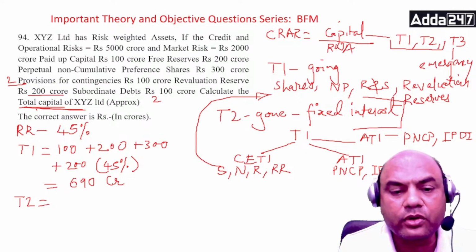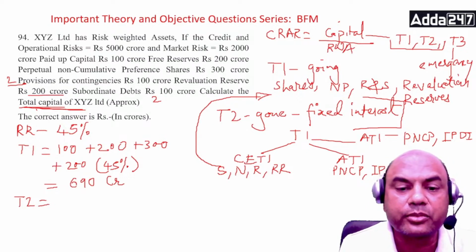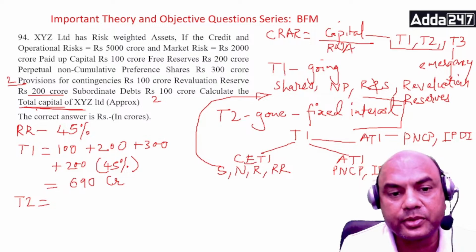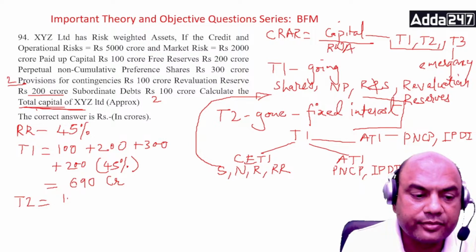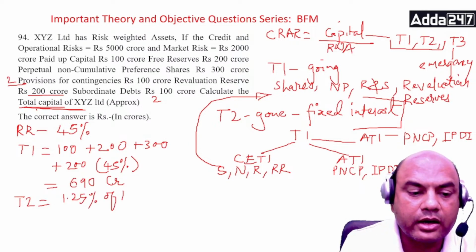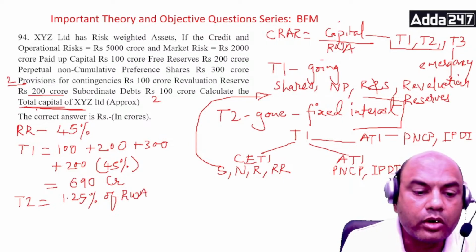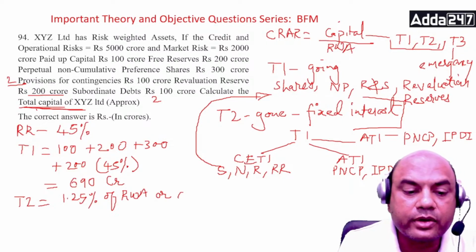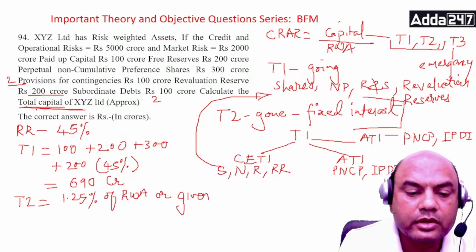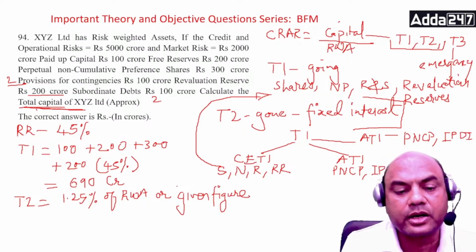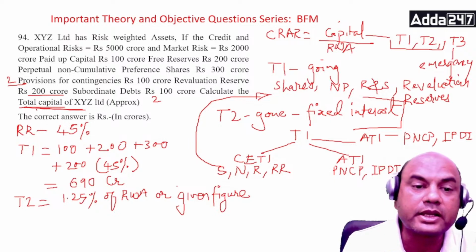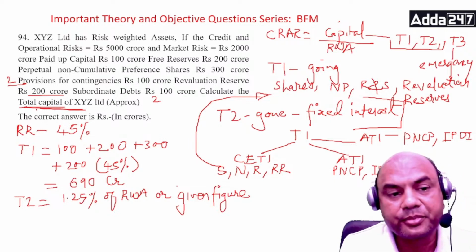See this provision for contingencies, it's always taken at 1.25% of RWA or given figure, whichever is higher. Okay, 1.25% of RWA or given figure, whichever is what, higher or lower?